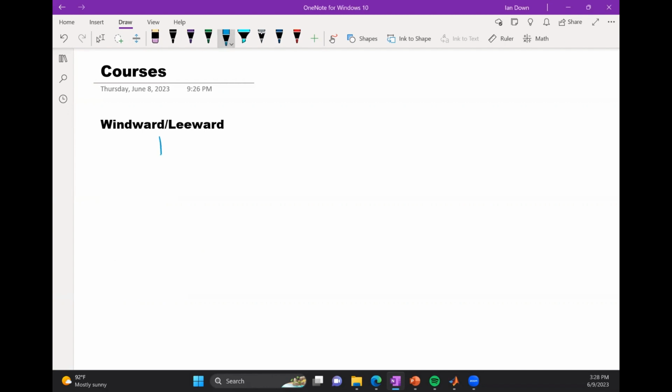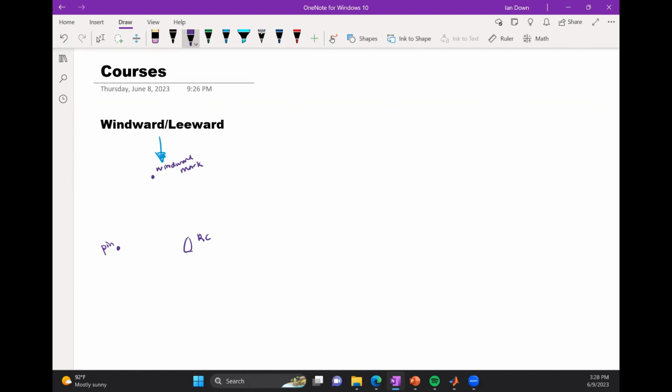So for this windward leeward course, we have our wind coming straight down the page. We have our pin mark. Then we have the RC boat, race committee boat. We have a windward mark, also called the weather mark or A mark.